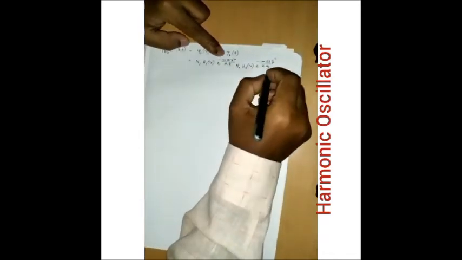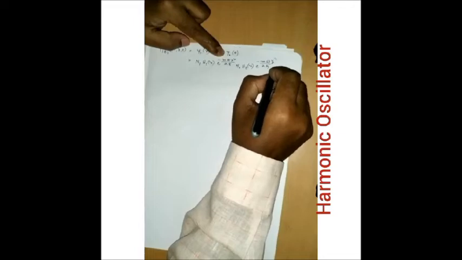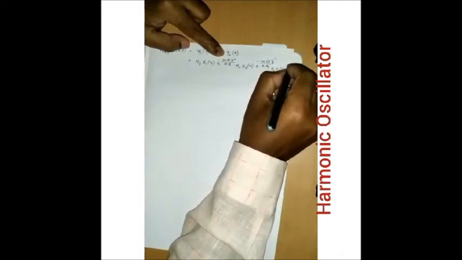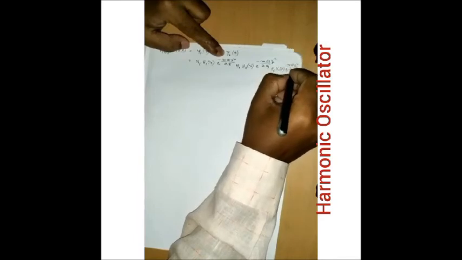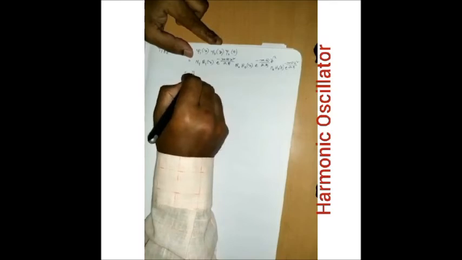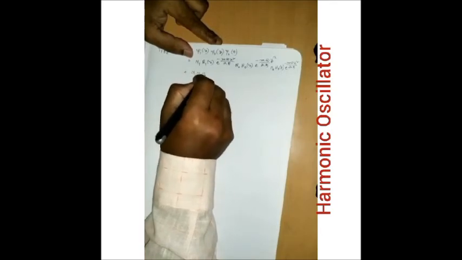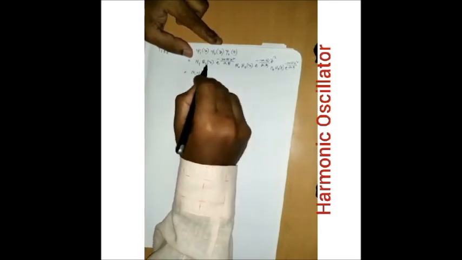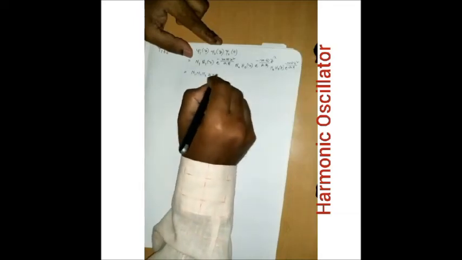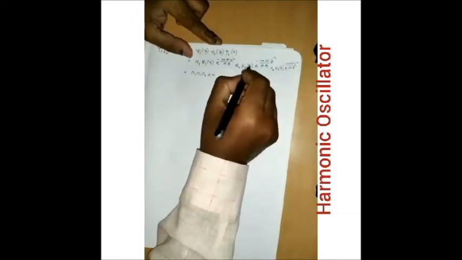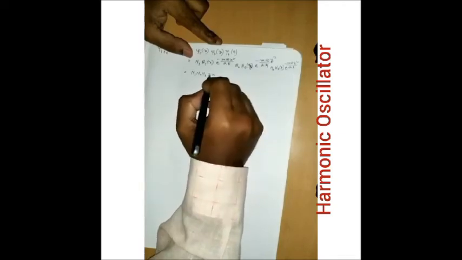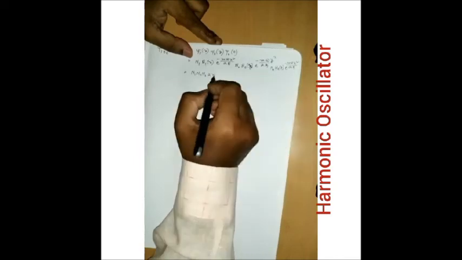For psi 0 z, normalization constant N naught, H naught z, and the rest is e to the power minus m omega z square upon 2 h cut. Now what will be the values of N1, N0? I'm keeping them the same. So H1 x means 2x, H0 y is 1, H0 z is 1.